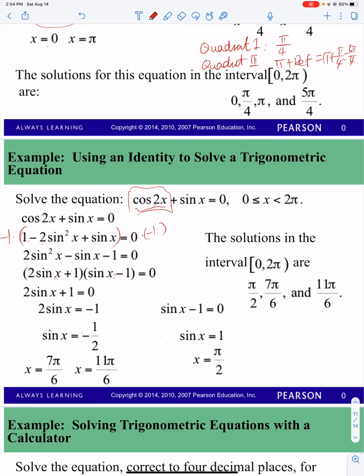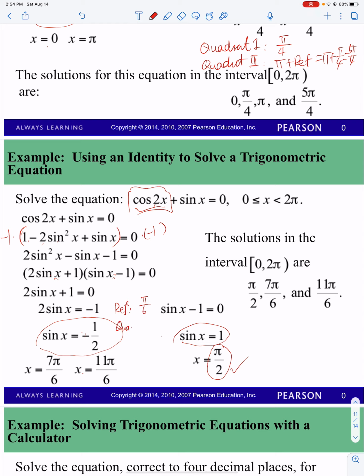So sine x equals -1/2 and sine x equals 1. For sine x equals 1, you only have one solution between 0 and 2 pi. It is pi over 2. For sine x equals -1/2, what should we do? The reference angle for 1/2 is always taken positive, and it is pi over 6.